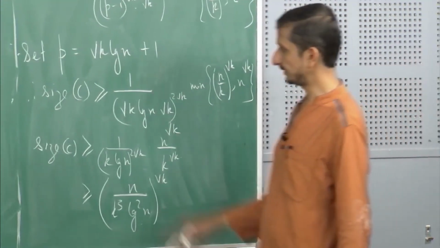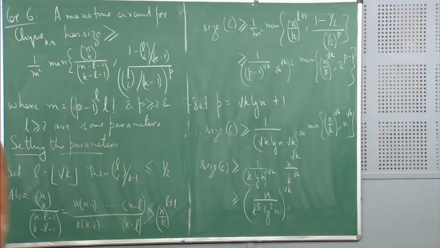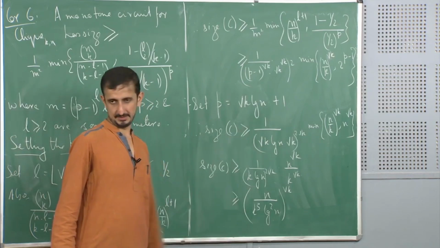Okay. So now the question is when does this give us a lower bound of n to the power something.